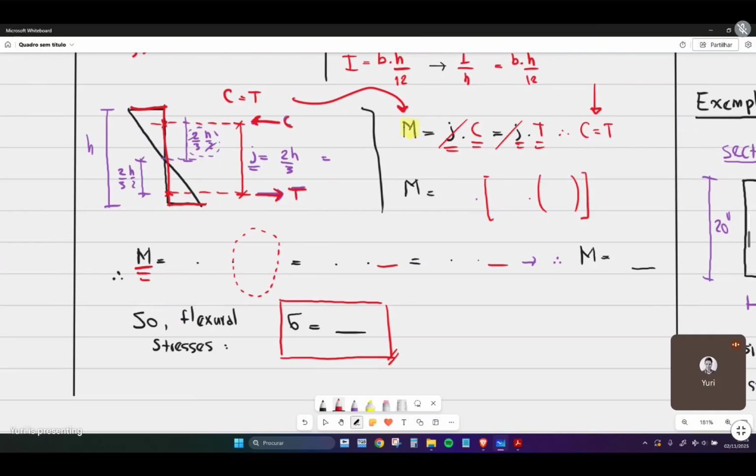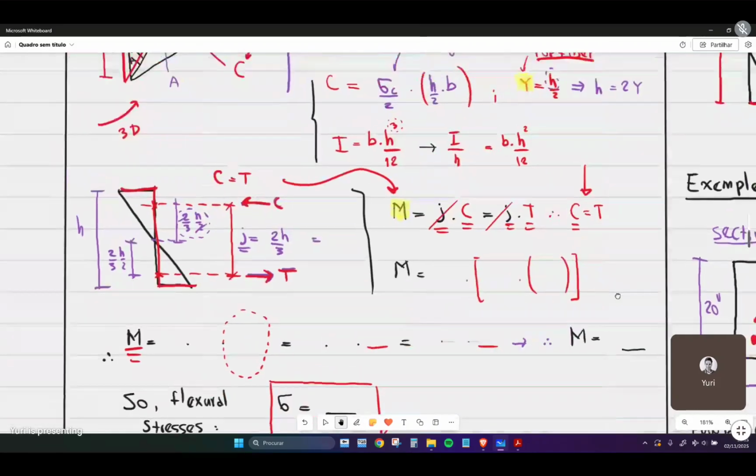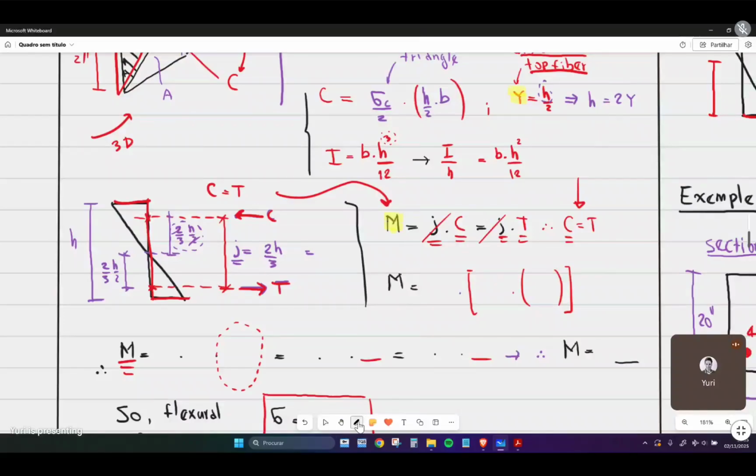We check the C force, which we saw previously on the concrete stress block, is the volume of it multiplied by the other terms, which is right here. Let me show you again. So let's put all that together. The j, which is the lever arm, is 2h over 3.